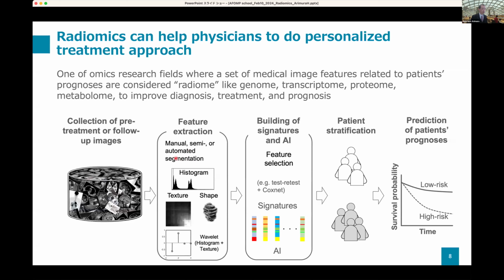Usually we use histogram features, texture features, or shape features, and also we calculate wavelet features. Then we select significant features from all features. And by using these significant features, we classify patients into a low-risk group or high-risk group of, for example, survival times.